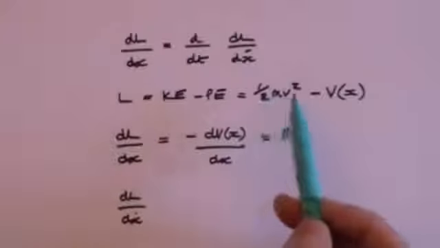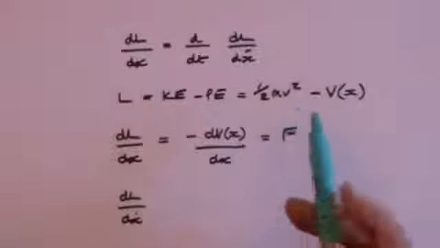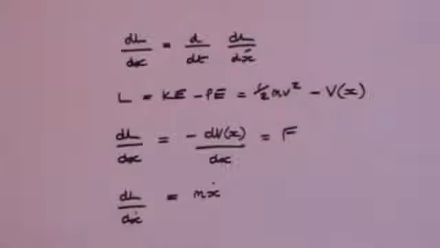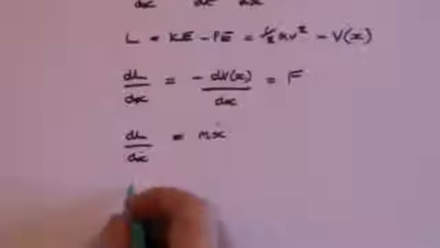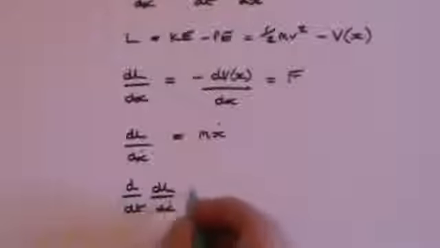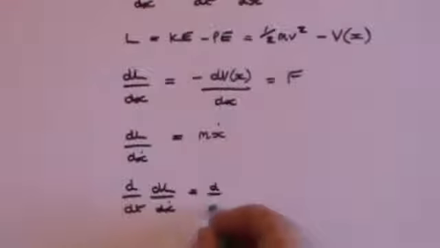And if you take the derivative of half m x dot squared, you will get m x dot. But we want the time derivative of that. We actually want d by dt of dL by dx dot. And that, of course, will be d by dt of m x dot, and the derivative of the velocity is the acceleration, m x double dot, which is mass times acceleration.